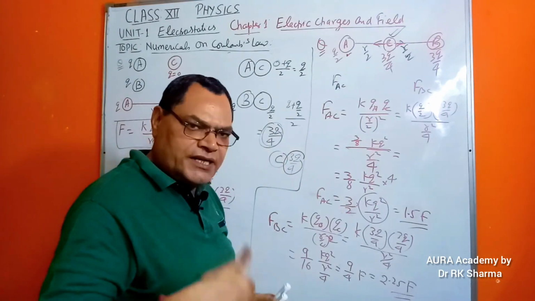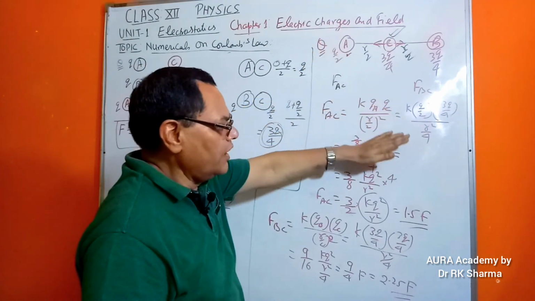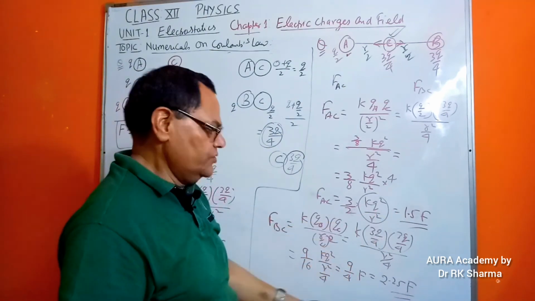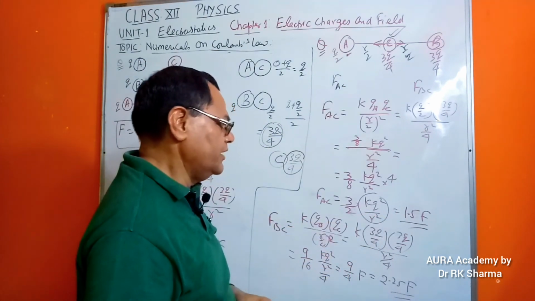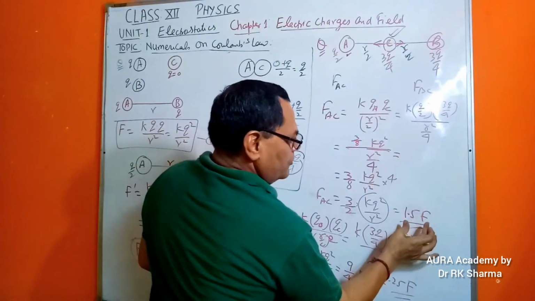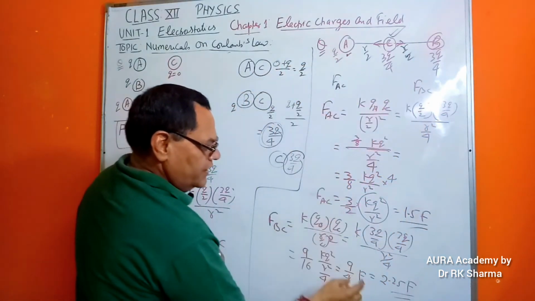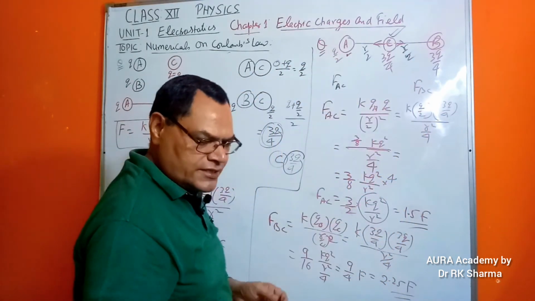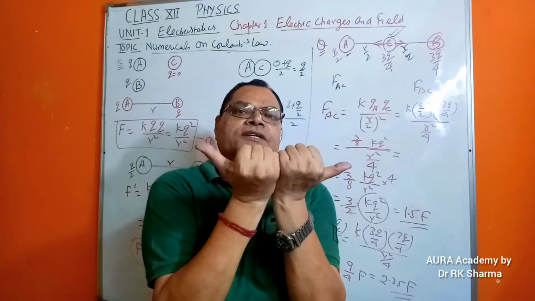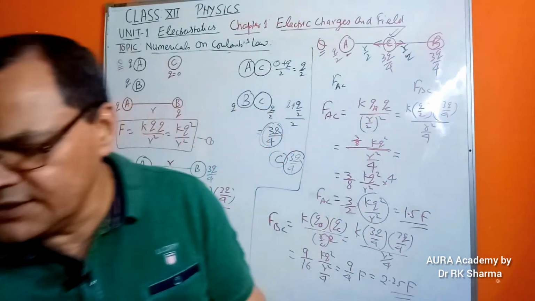As I was sharing with you, I am basically trying to clarify the concepts of how to proceed. The numerical values are immaterial once you know the logic. So I am getting the force AC acting this way, only 1.5 of the original force, and BC I am getting this way, that is 2.25. Since the two forces are in opposite directions, the resultant will be the difference of the two, that is greater minus smaller force.